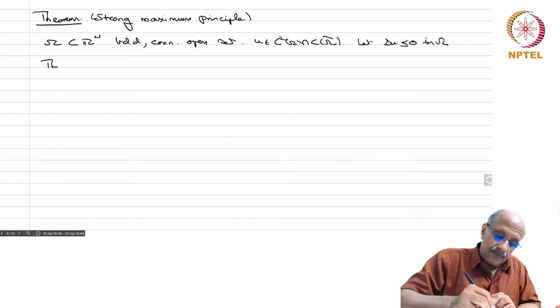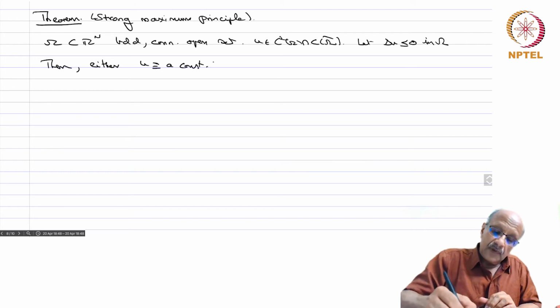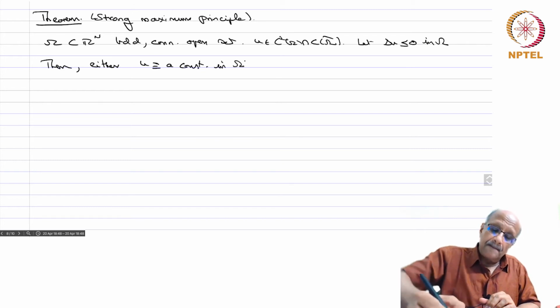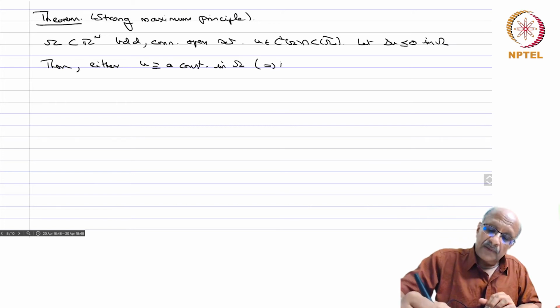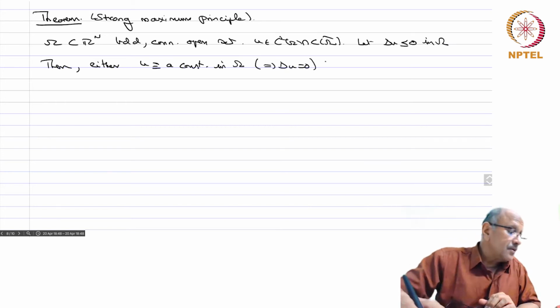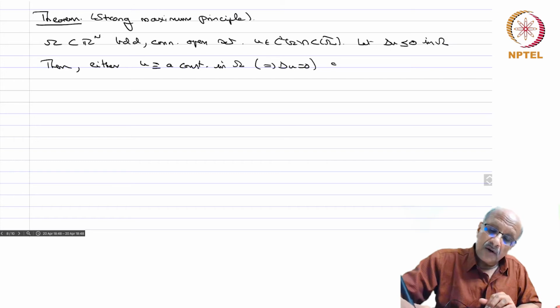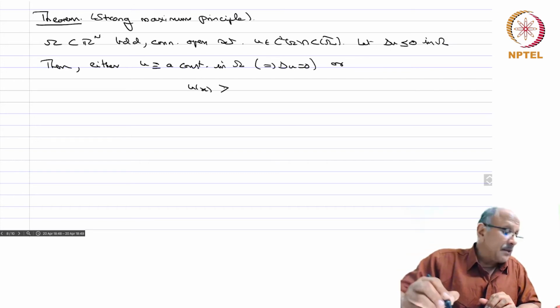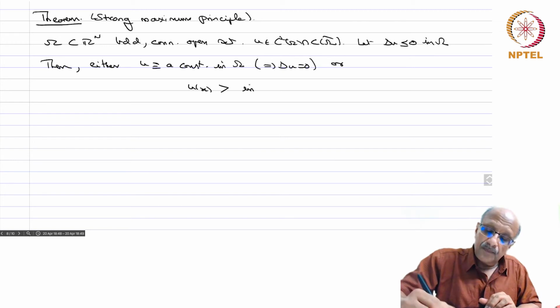Then either u equals a constant in omega, which implies Laplacian u equal to 0, or u of x will be strictly bigger than the infimum of u over gamma for every x in omega.